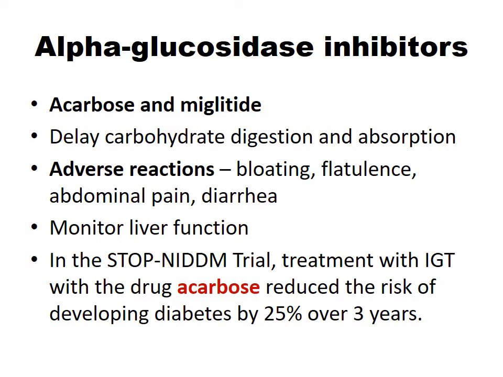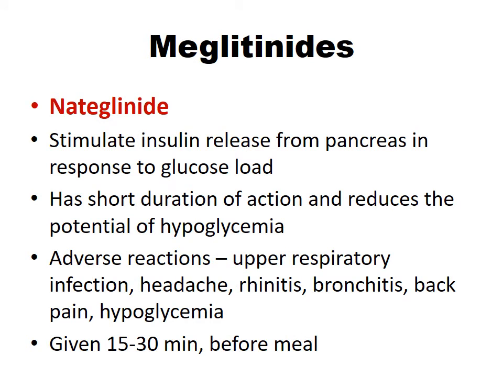In the Study to Prevent Non-Insulin Dependent Diabetes Mellitus trial, alpha-glucosidase inhibitors have been found to reduce the risk of developing diabetes by 25% over 3 years.